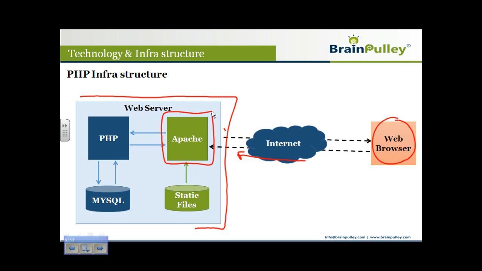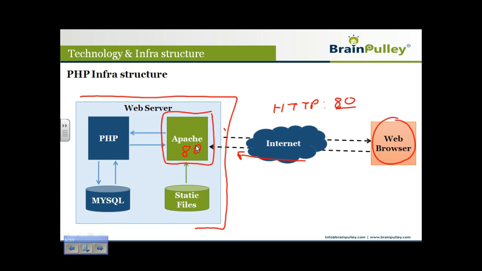By default, HTTP runs on port number 80. So whenever we write websites, they run on port number 80 by default. There will be a software, Apache, listening to that particular port.